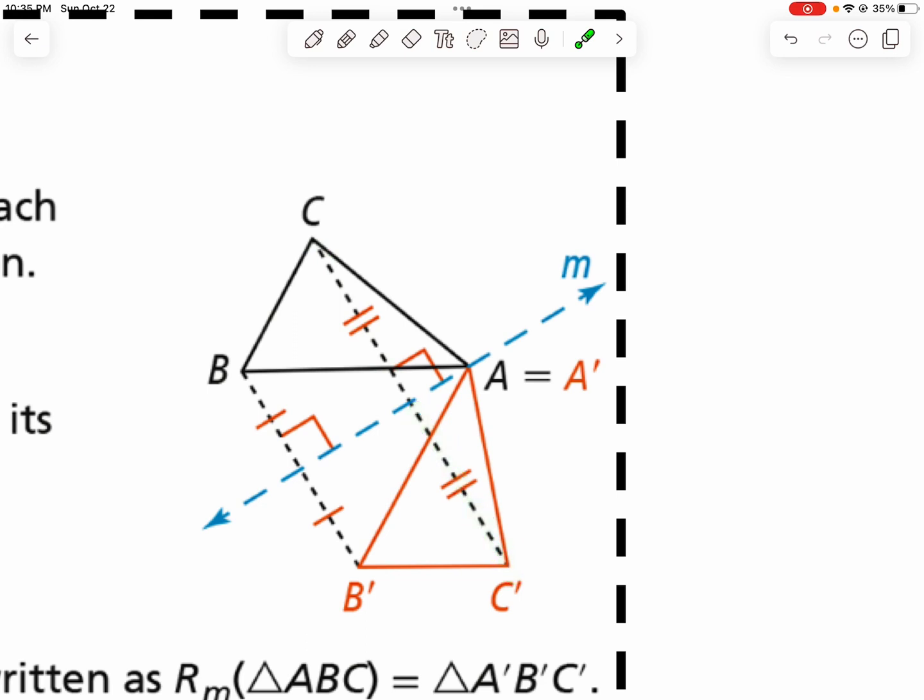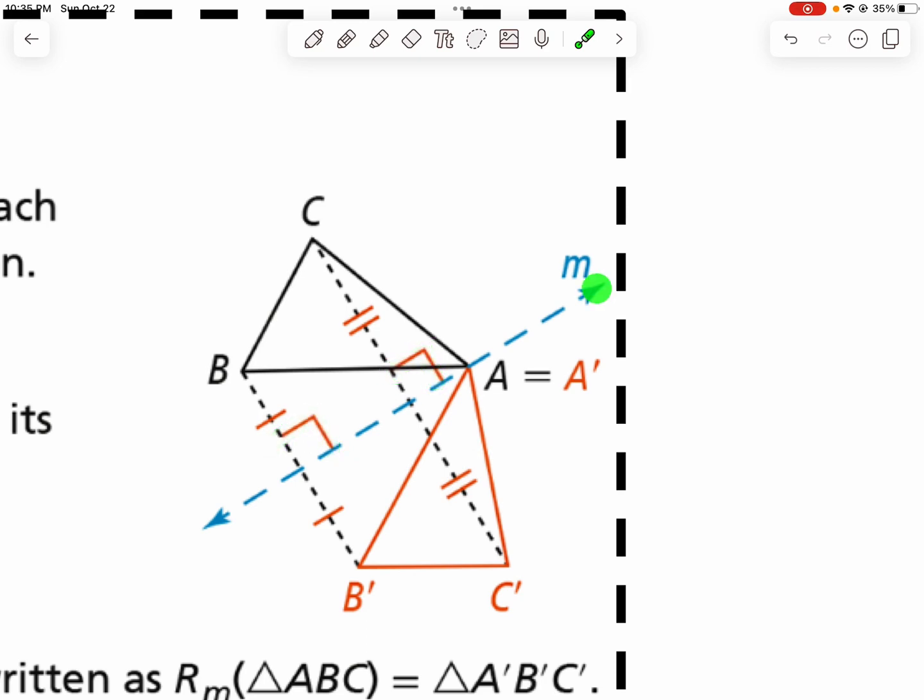Another cool property is that if you take a connecting line from B to B prime or C to C prime, the distance is going to be mirrored. Take a look at B, it'll be mirrored right here. But that connecting line, B to B prime, is actually going to be at a right angle with our line of reflection.